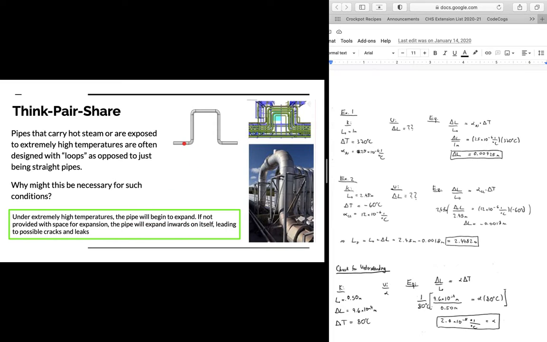So instead of having our pipes expand inward on itself with a straight pipe, the pipe can expand inward without cracking because it has the space right here that it can expand into. And same thing right here, the pipe at the top can expand outward. So it's kind of like you're pinching the pipe and allowing the pipe space to be pinched when it undergoes thermal expansion.